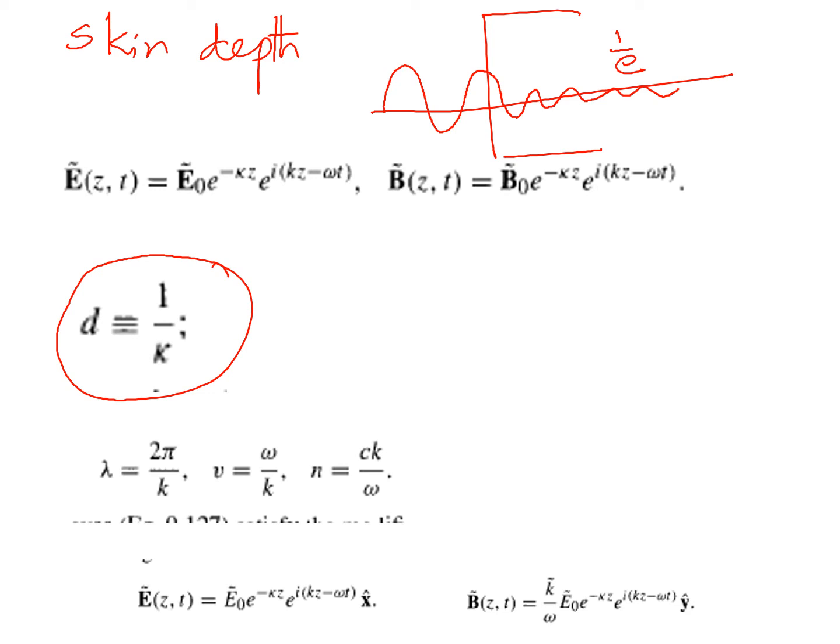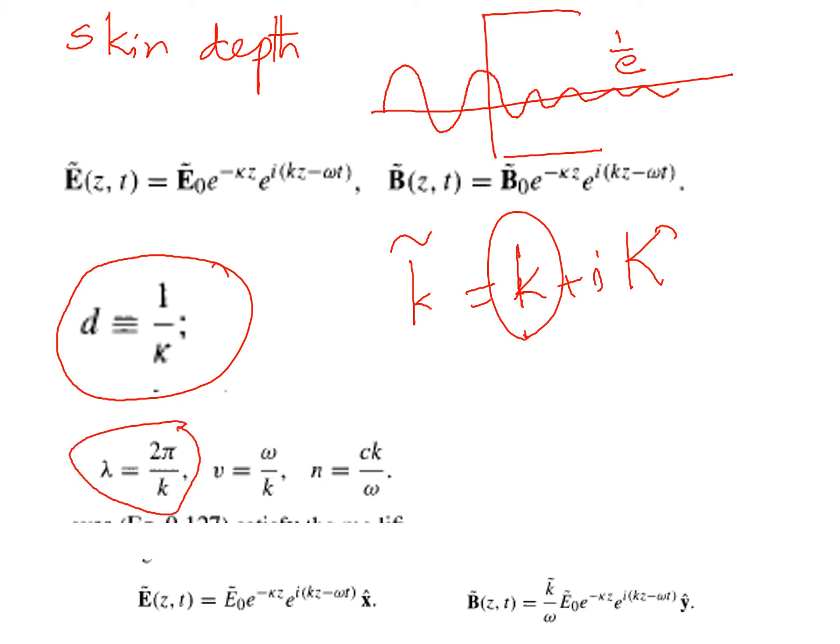The complex wave number k bar is k plus i kappa. Here the real part signifies the wave parameters like wavelength, propagation speed, index of refraction, etc. And that is given, as usual, as in the case of an electromagnetic wave in free space.